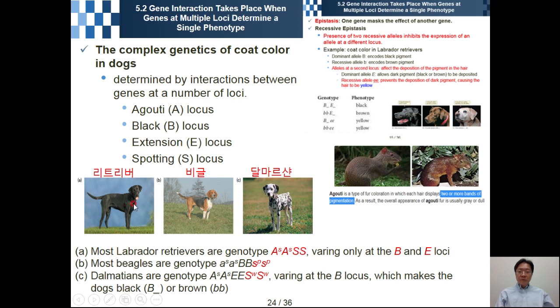For example, retriever, the body color is black, but they have some bands, like here. This is the agouti.